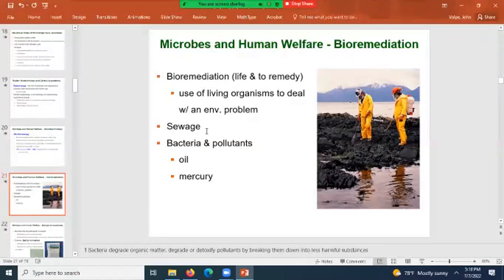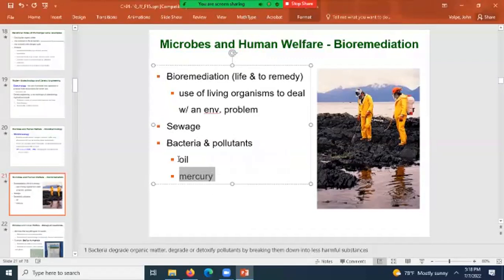And we can use microbes to break down sewage and other pollutants, such as mercury. Now, bacteria do not totally break down mercury into its other elements, because mercury is actually an element, but it can convert mercury into a more biologically friendly compound.